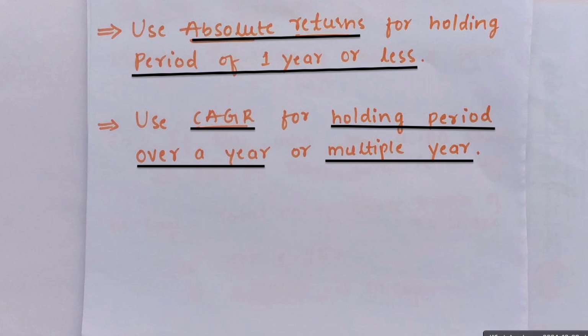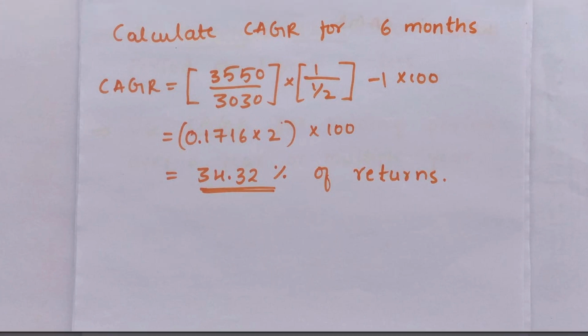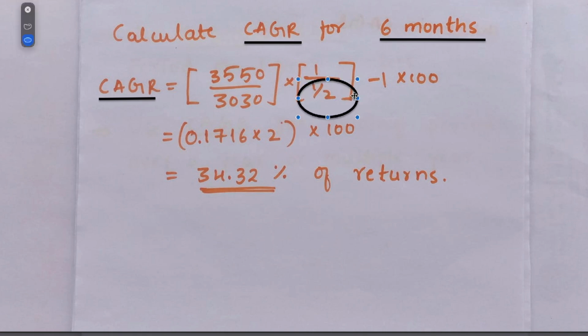Let's calculate CAGR for 6 months for the same question as in the previous example. The CAGR for 6 months is 3550 as the selling price divided by 3030 as the buying price, raised to 1 by the number of years, which is written as 1 by 2, minus 1, into 100.